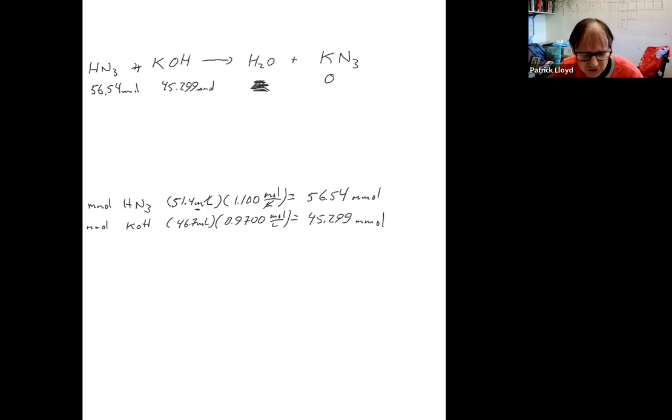It's algebra, right? So now what do we do? We subtract the smaller number from the reactant side. Limiting reactant. The limiting reactant is the KOH. That's a smaller amount. So we're going to subtract 45.299 from both of them, but we're also going to add it on the right side, the product side. Sorry, I'm writing this incorrectly.